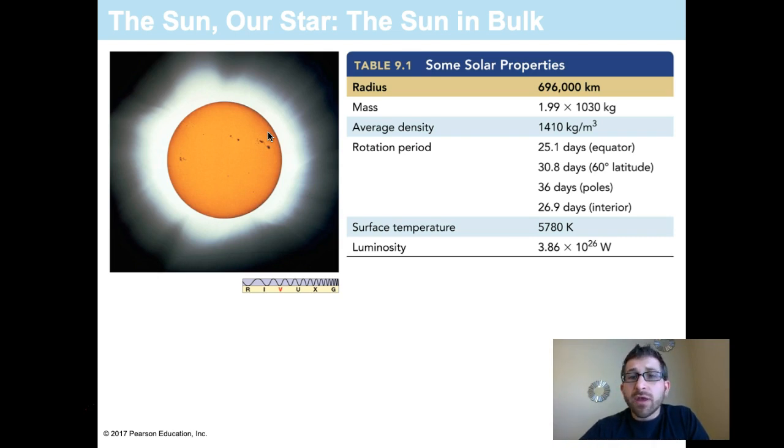And the surface luminosity is 3.86 times 10 to the 26th watts of energy, which is an enormous amount of energy, well more than all of the amount of energy that we produce or consume here on the Earth's surface, which makes the Sun a wonderful means to get free, clean energy in the form of solar panels and wind.